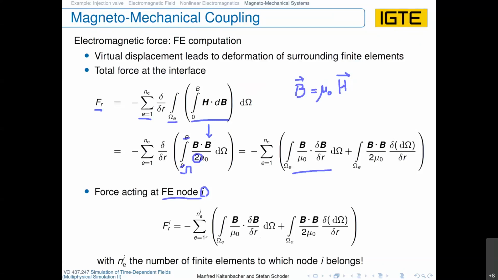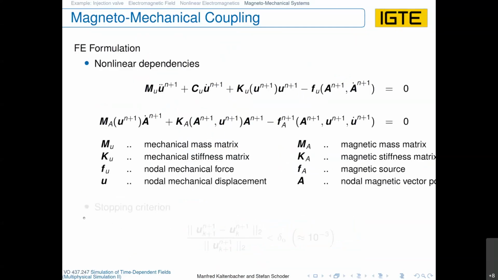So we integrate for this so-called nodal force acting on it our term as before. The difference is just that the sum goes over all elements to which this node I belongs. And we have to evaluate this part within a finite element context. The details you can find in my book, especially for this second term.